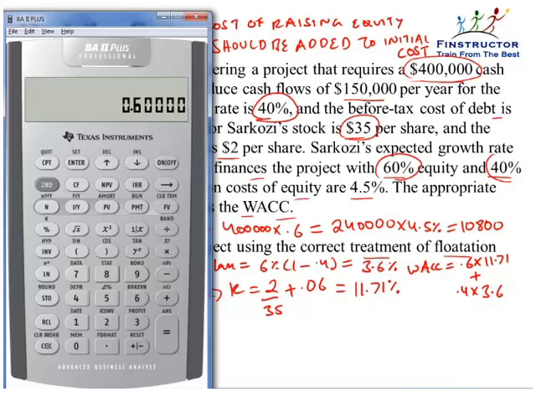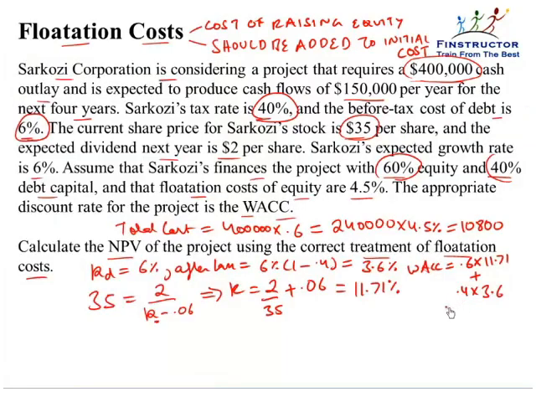So 0.6 into 11.71, store it, and 3.6 into 0.4. The discount rate comes out to be 8.466%. So we now have the discount rate.